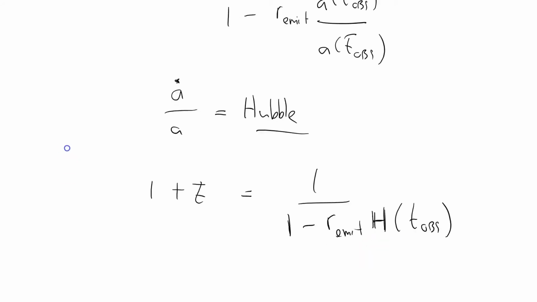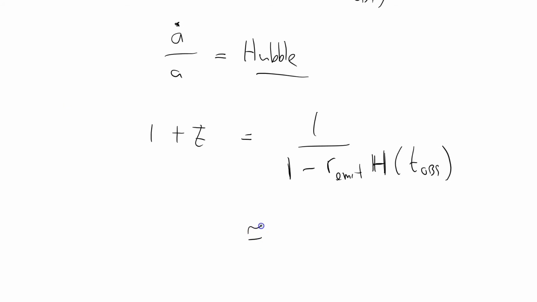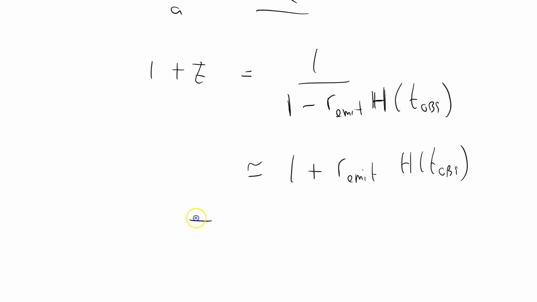H for Hubble constant is approximately equal to 1 plus r emit times the Hubble constant, t obs, and therefore z is approximately equal to the distance from which the galaxy emitted its photon multiplied by the Hubble constant evaluated at the current time.